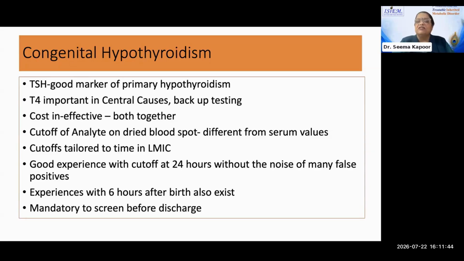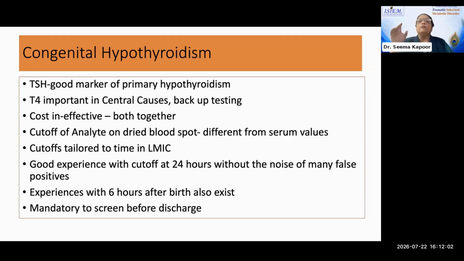And whenever the problem is with the thyroid gland, there will be a negative feedback to the pituitary. So once there is a negative feedback to the pituitary, the pituitary starts putting in more and more of thyroid stimulating hormone.